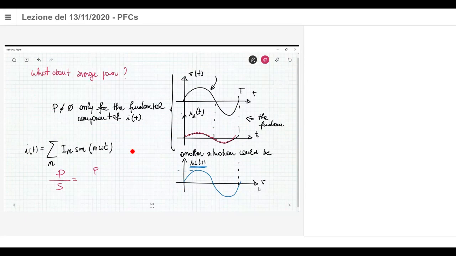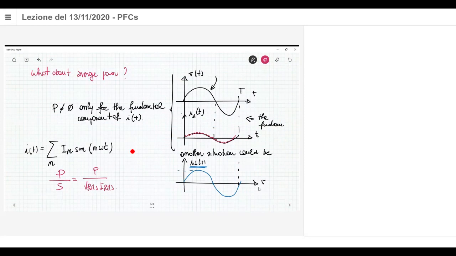Or better, the average power over V_RMS times I_RMS. For example, in these two red and blue situations that I depicted with this drawing, this ratio is different.